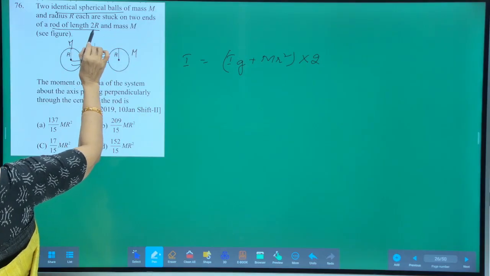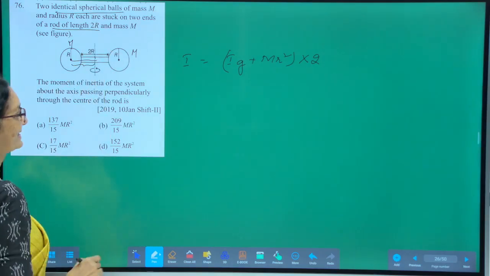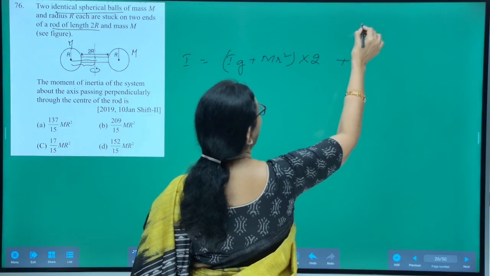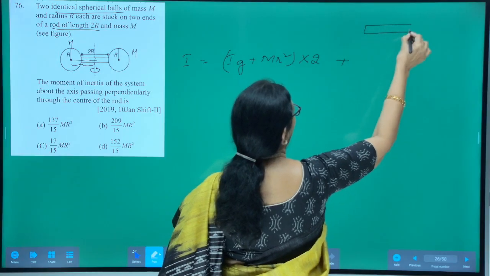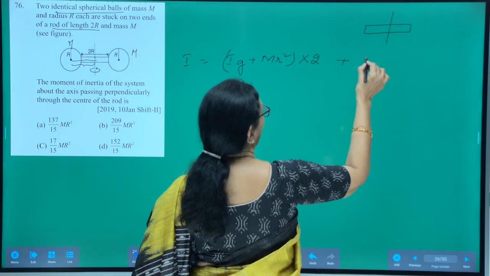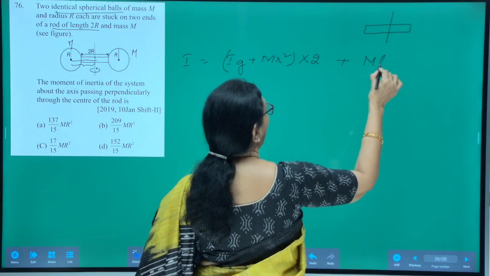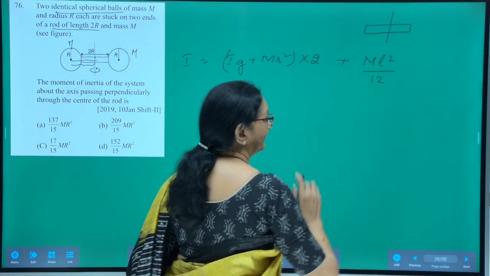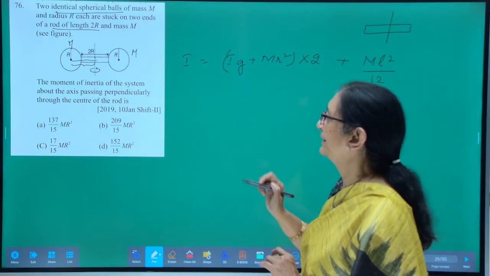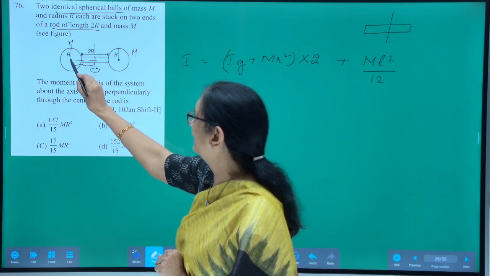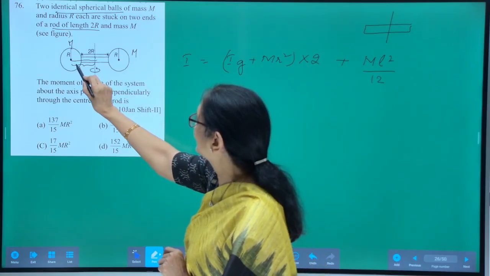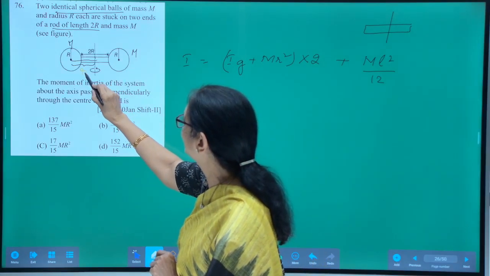Ends of a rod of length 2r and mass m. For a rod of mass m, length L, about an axis passing through the center perpendicular to the plane, it is m L square by 12. So first you have to understand that. Moment of inertia of this sphere about the natural axis is Ig plus mr square, where r is this distance.